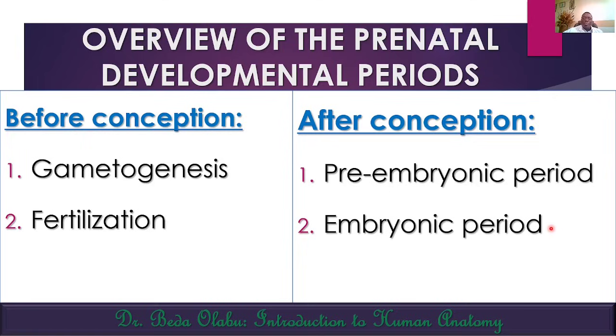So we call it the period of organogenesis, the period when body organs of the baby form. It becomes the most sensitive period in embryology because this is the time the different organs and organ systems are established.